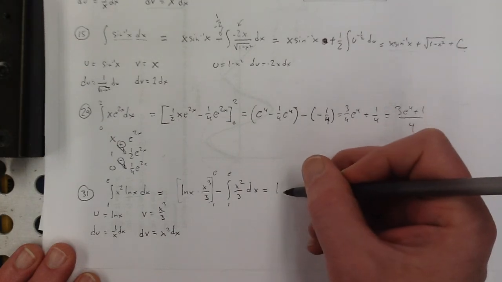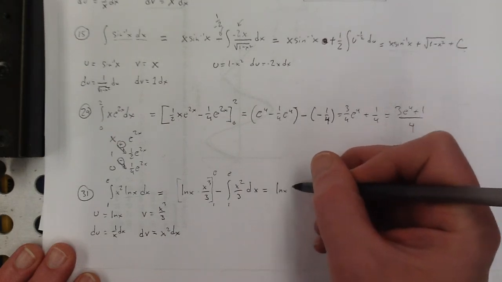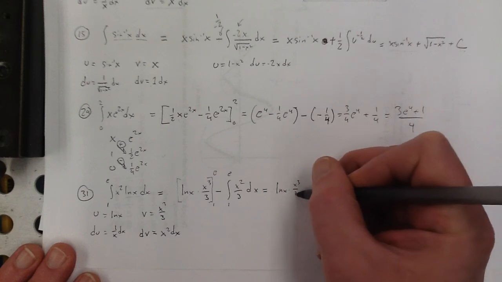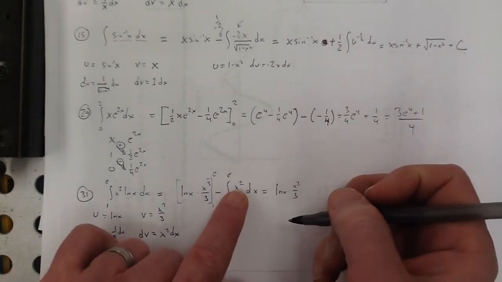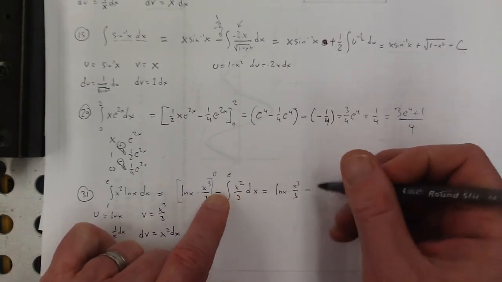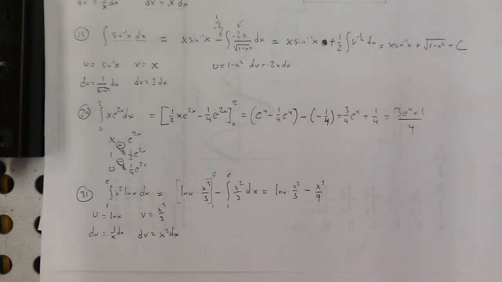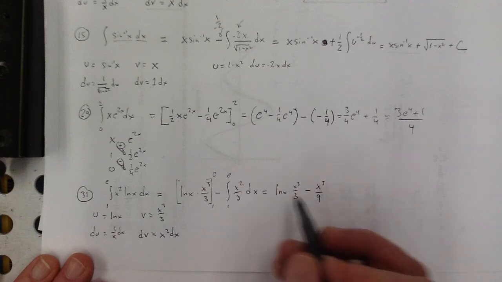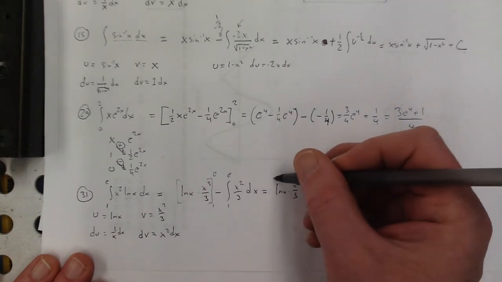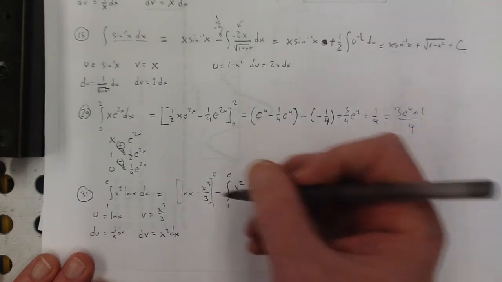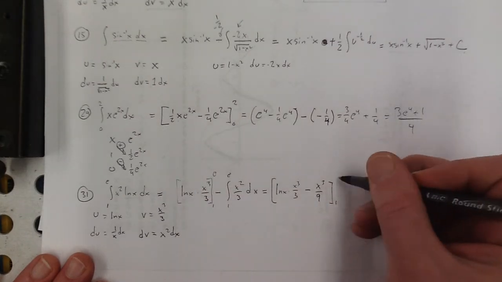So natural log x times x cubed over 3 is that part. And then the antiderivative of this is x cubed over 9. And now that I've got everything in antiderivative form, I can just do that for the whole thing.